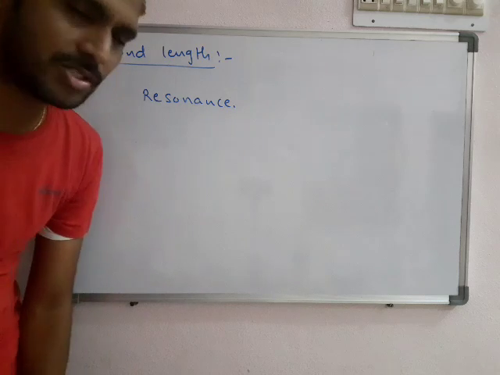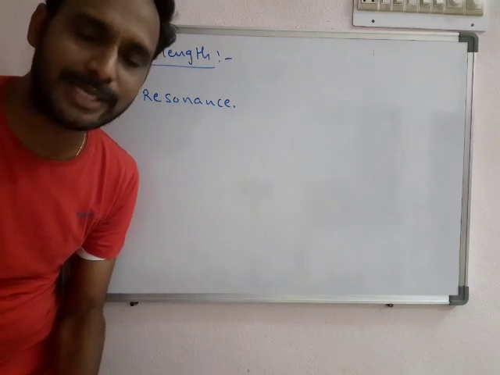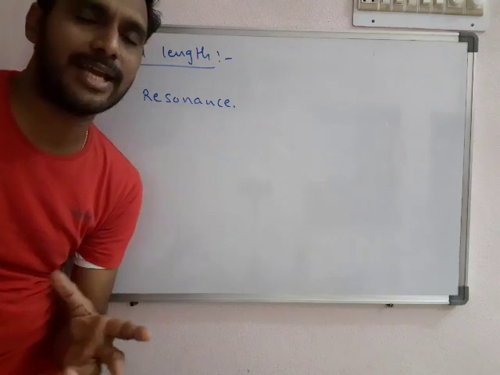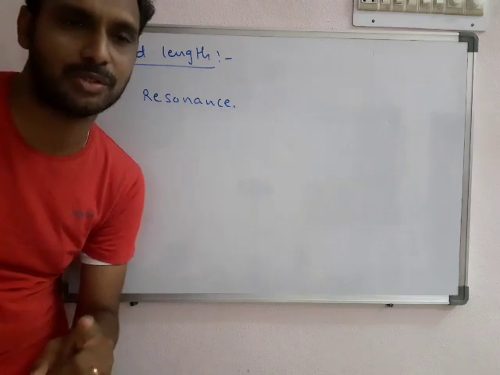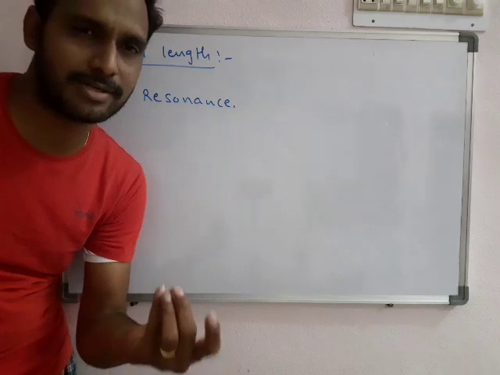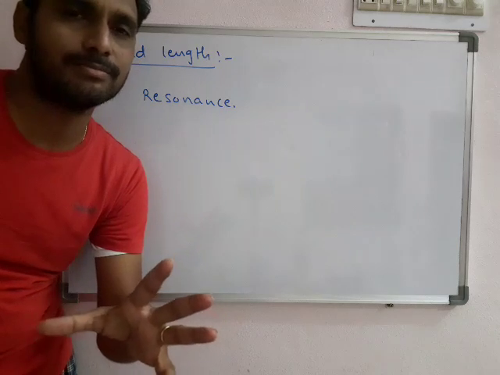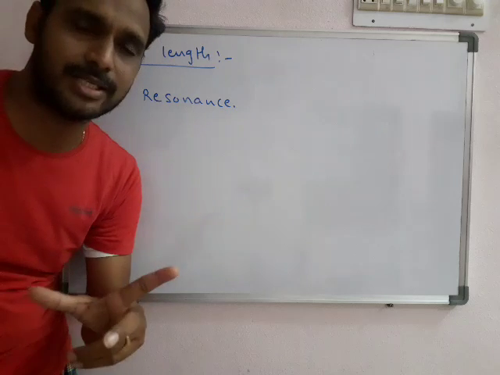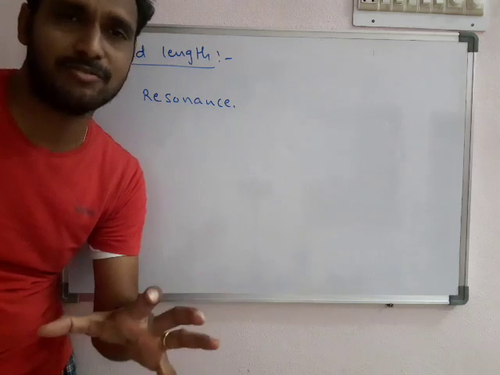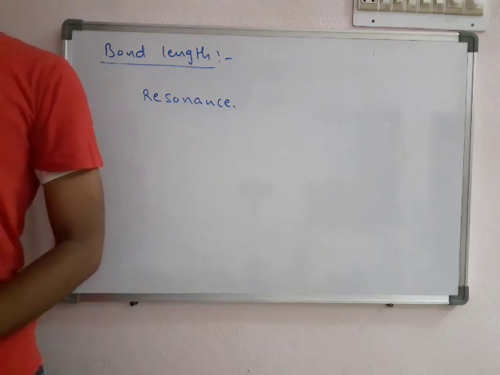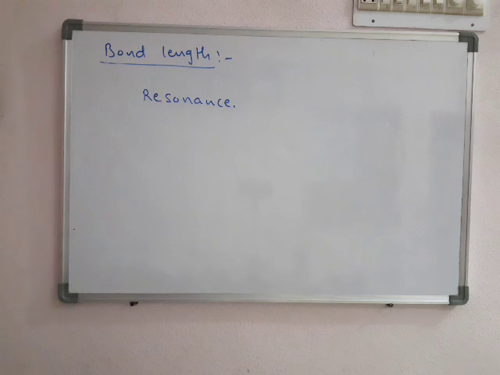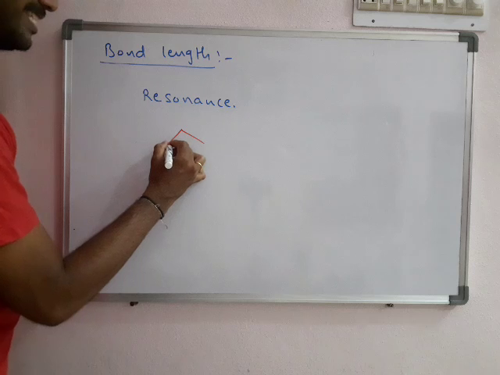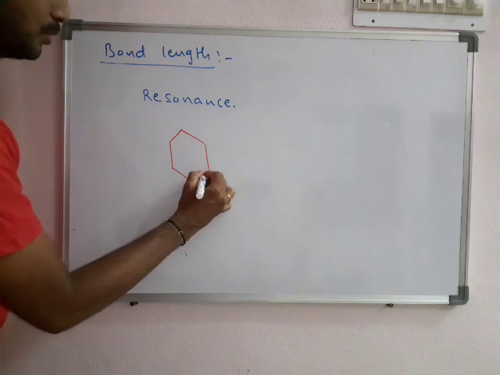Resonance means having more than one structure for a single molecule. When a single molecule has more than one structure, the bond length automatically changes. How, is actually a separate topic, but we are just giving the introduction for it. So you know benzene.